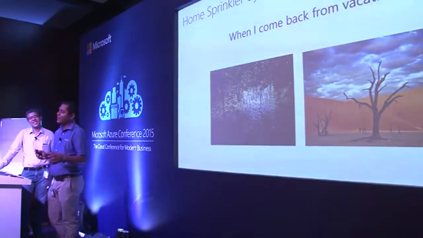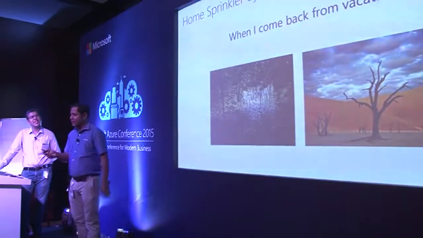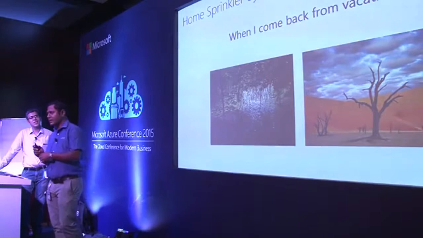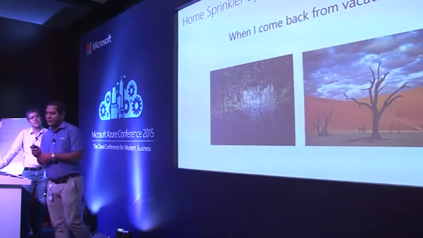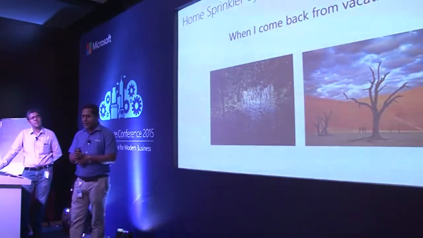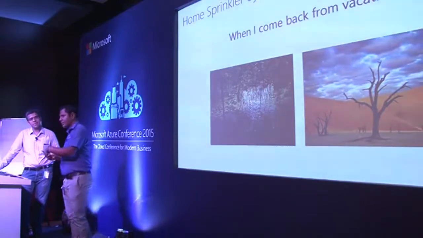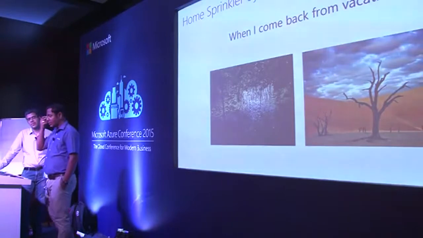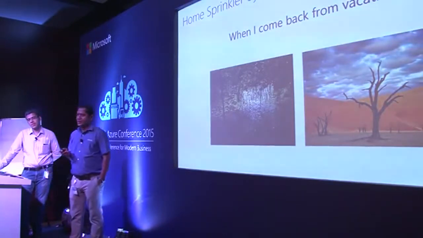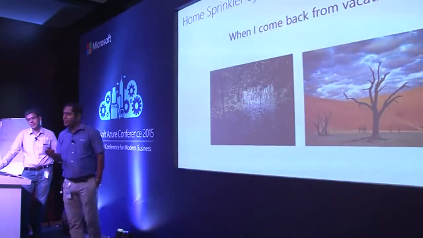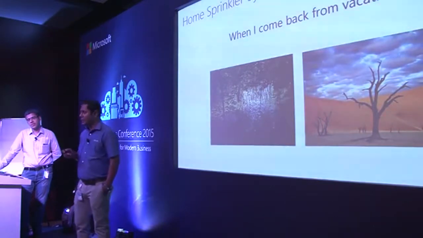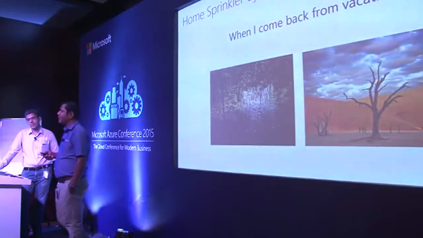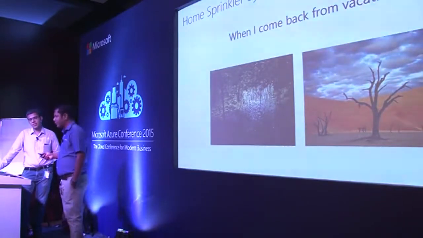What happened in his scenario is that when he went out for vacation in the rainy season, it was a completely damp area with a lot of water, and at times it was also a desert because the water was not there. So the solution is a home sprinkler system, an automated process requiring nothing from human intervention, and you get to see all kinds of data on your device wherever you are.